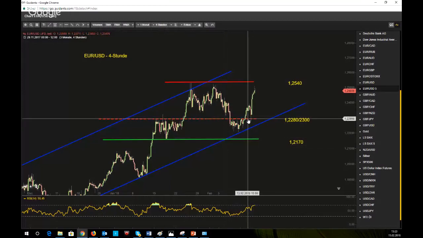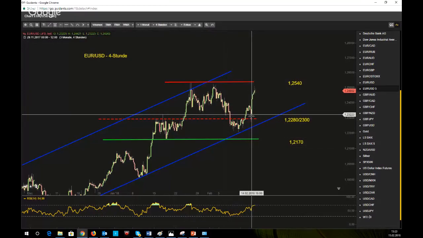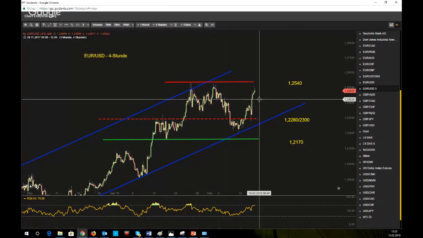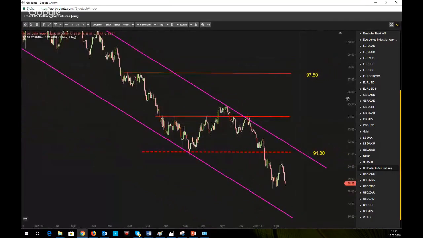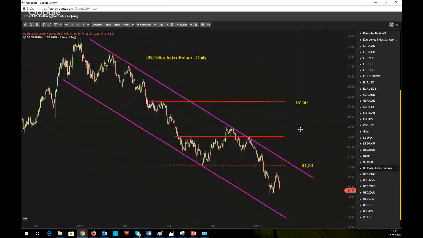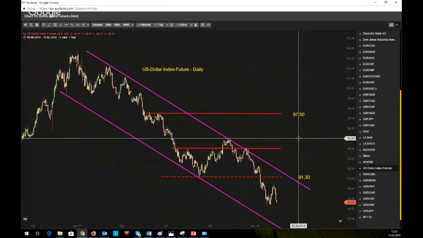So the market yesterday was driven higher in EUR/USD, so the US dollar was aggressively sold, mainly due to the fact that the US dollar had already some trouble to profit from the Fed being the most restrictive central bank in the G10 currency universe here.